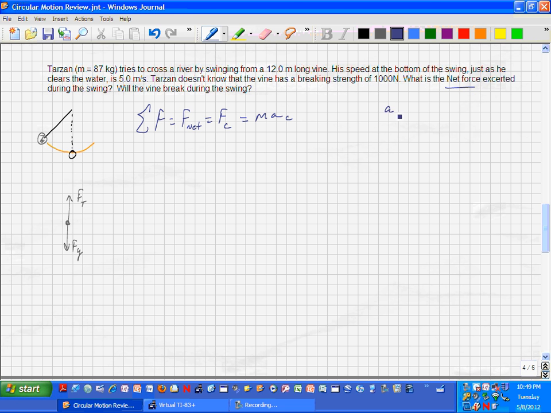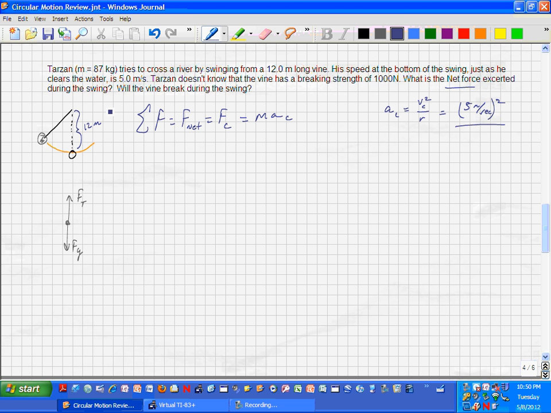Well, we know that acceleration is equal to v squared over r for a circle. So we have that speed at 5 meters per second, squared, over the radius of the circle. Well, it's a 12-meter vine, so that's 12 meters.